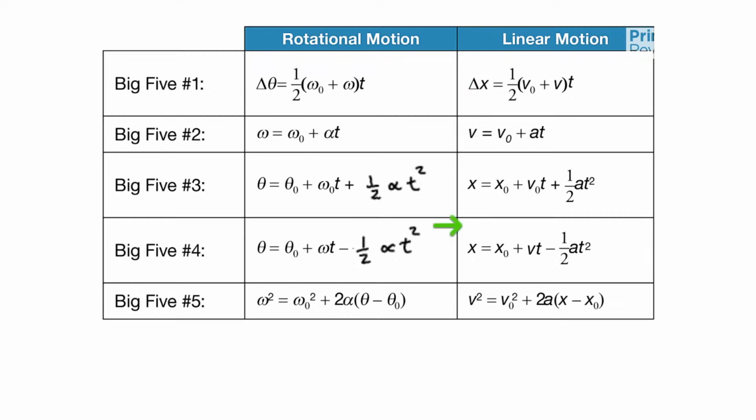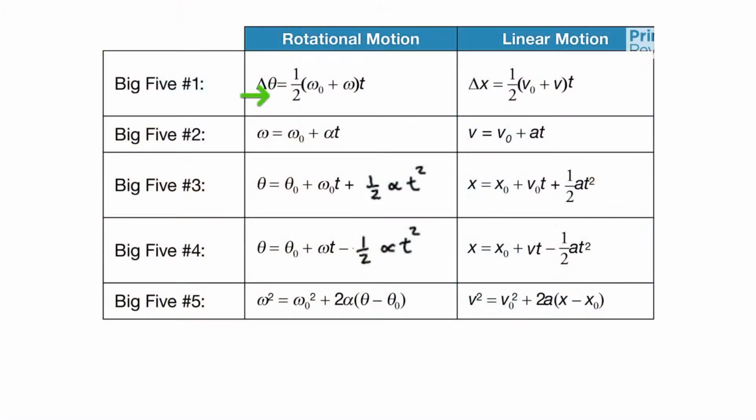So here's your big five that we saw in session 2, right? For linear motion, whether that's left, right, or up, down, whatever it is. But now if we have rotational motion, where the motion is like clockwise versus counterclockwise, it's a very, very similar set of equations to work with.